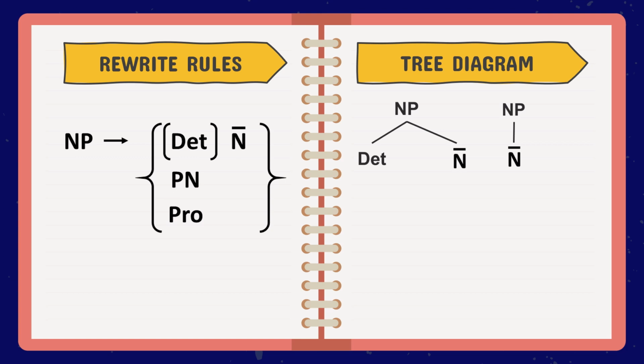Another one, an NP consists of a pronoun. And the last one, the noun phrase consists of a proper noun.